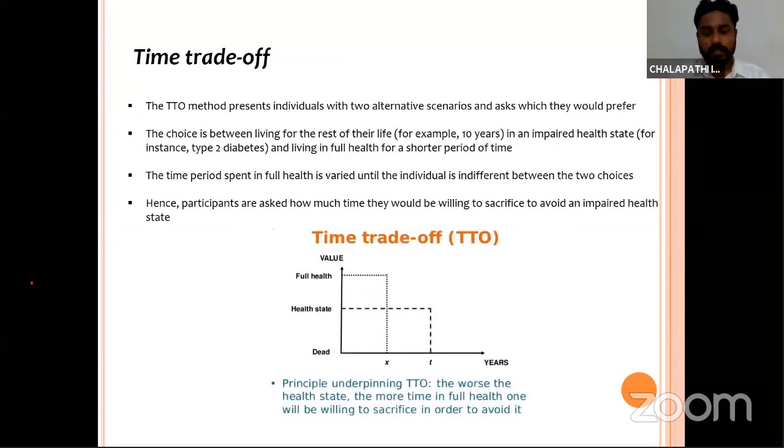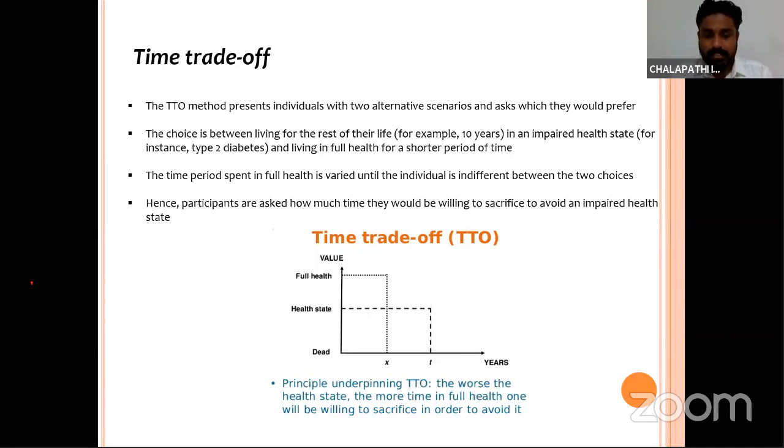Second one, time trade-off. This is another way to calculate the utility measure. So give maximum attention here. I hope I can finish it in a single shot. You see there is an x-axis as well as a y-axis. Be careful, just give maximum attention.